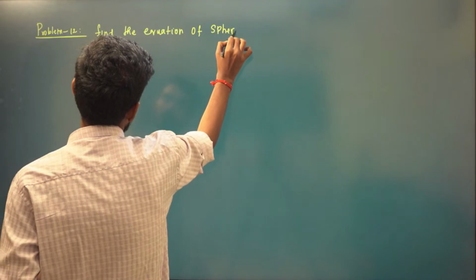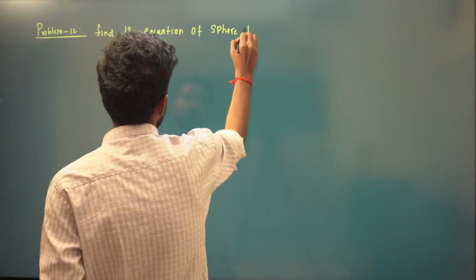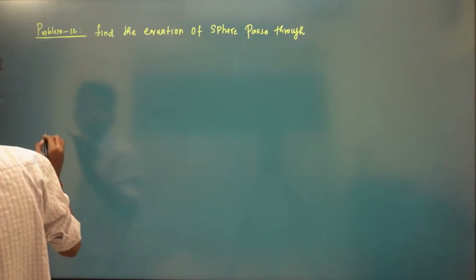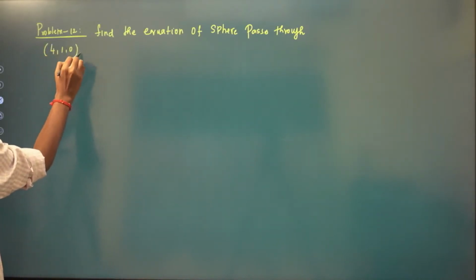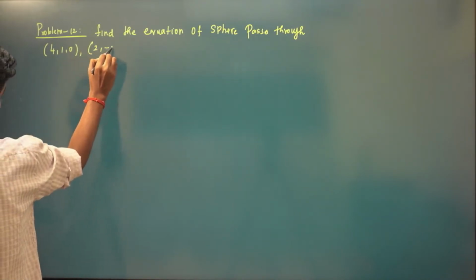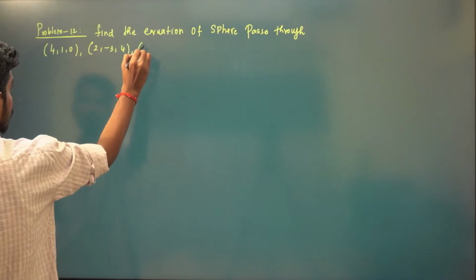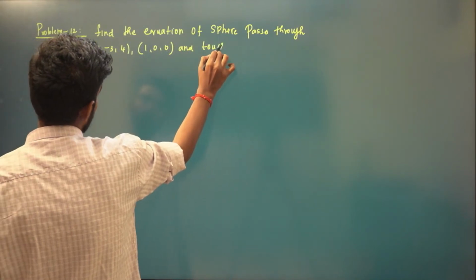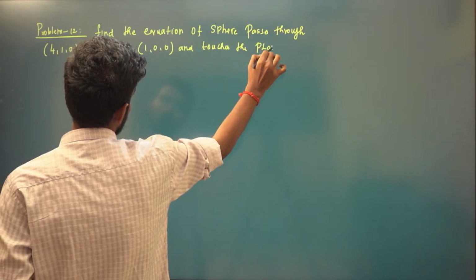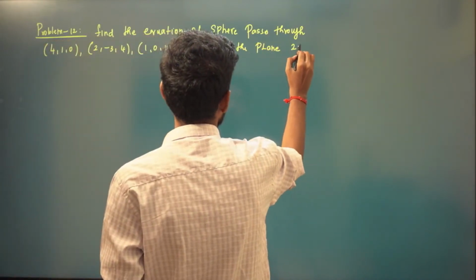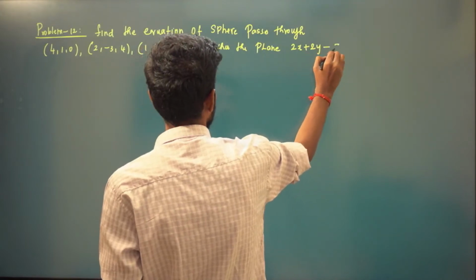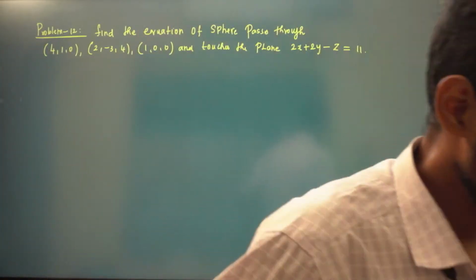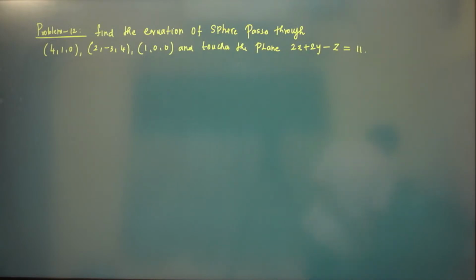Find the equation of sphere that passes through these 3 points and it has to touch the plane.